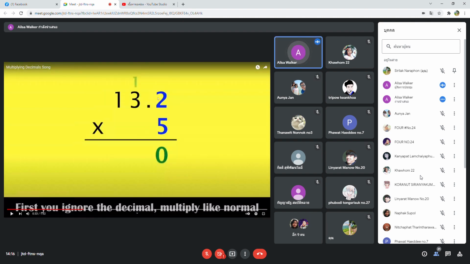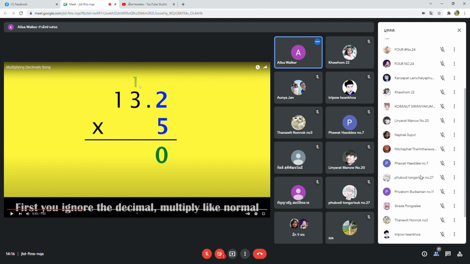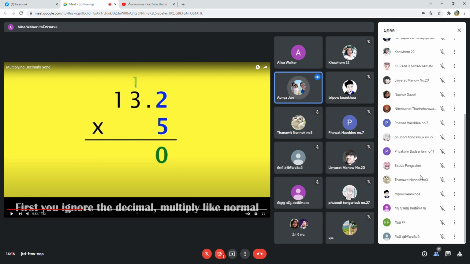Okay, so first we multiply 2 and 5. It gives us how many? 2 times 5. 10. Next, 3 times 5, 15, plus 1, 16.